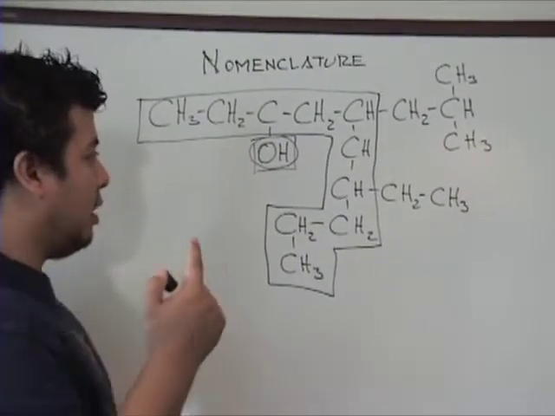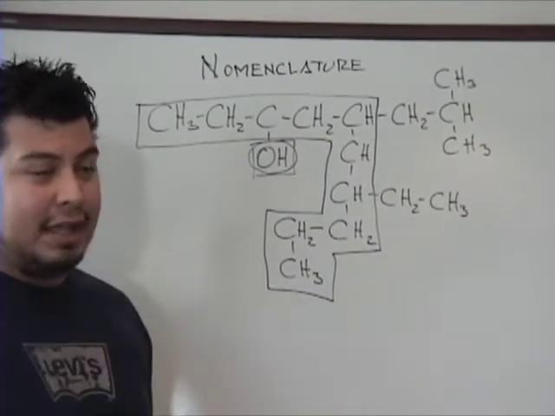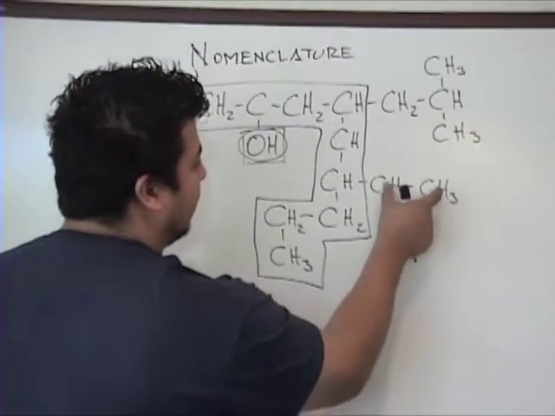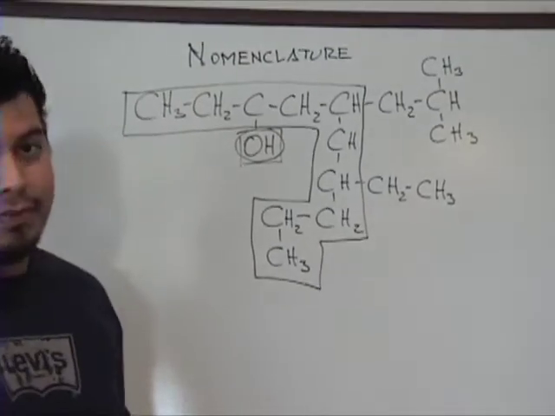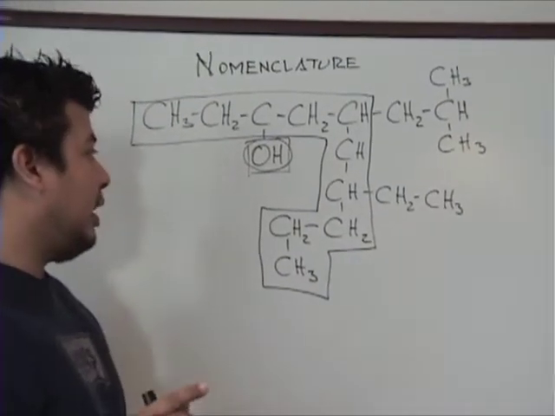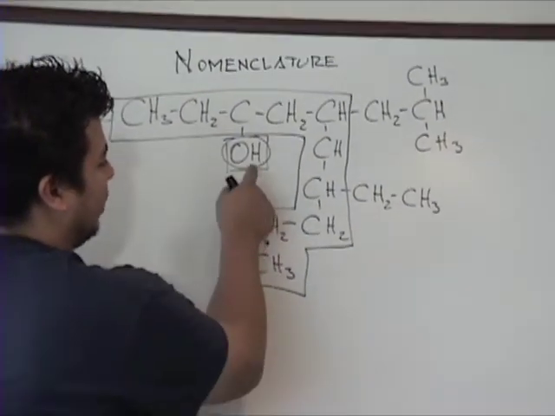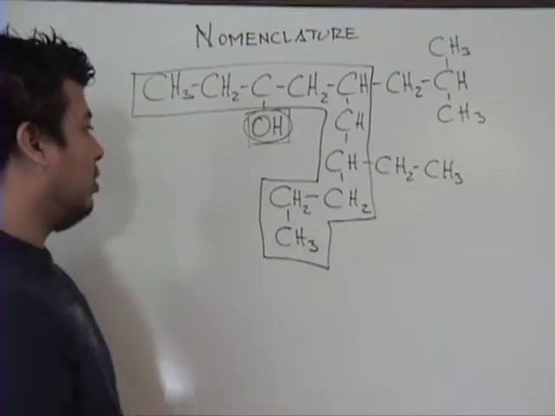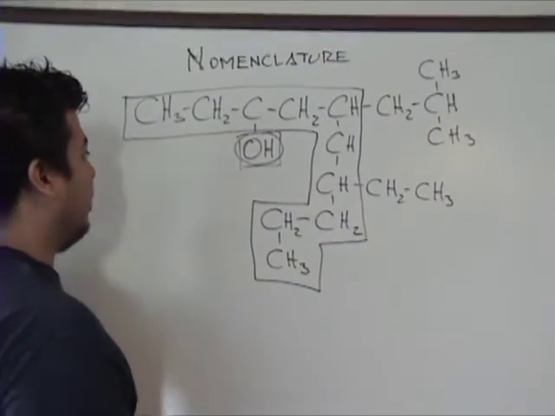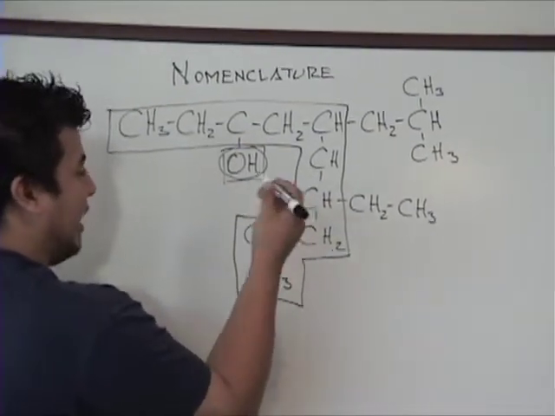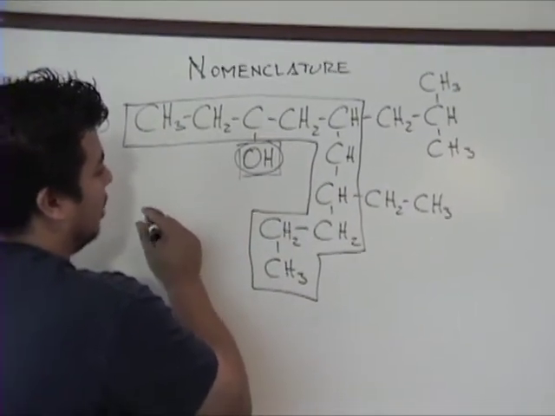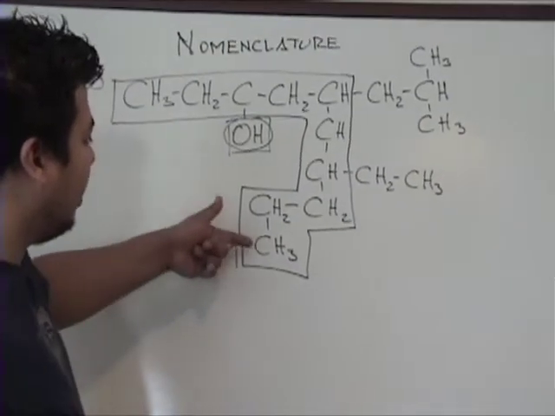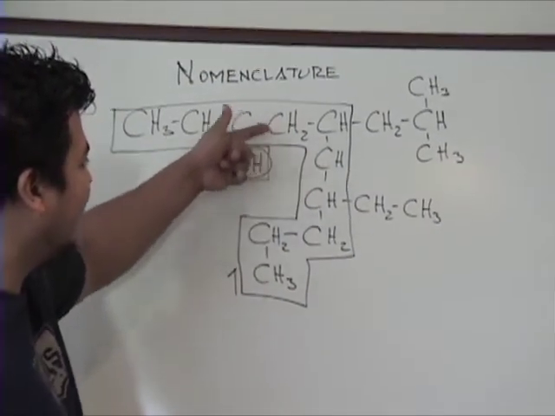Now, the second step is numbering it. We said to name alkanes, we are going to number it, giving the substituents the lowest possible number. In this one, the rule is going to change too. The priority is going to be on the functional group. So we're going to give the functional group the lowest number possible, the highest priority possible. So if we start from here up, it's going to be 1, 2, 3, 4, 5, 6, 7, 8.